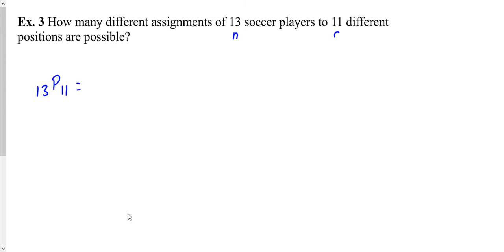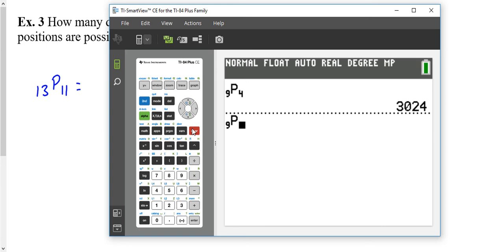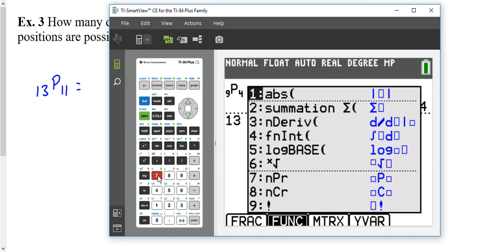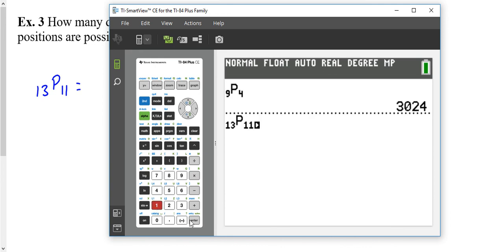Again, I could just type this in on my graphing calculator here. I'm going to go with the 13 first, alpha window, option number 7 there, 11, enter, and that's going to be my final answer. So we're looking at 3 billion, it looks like.